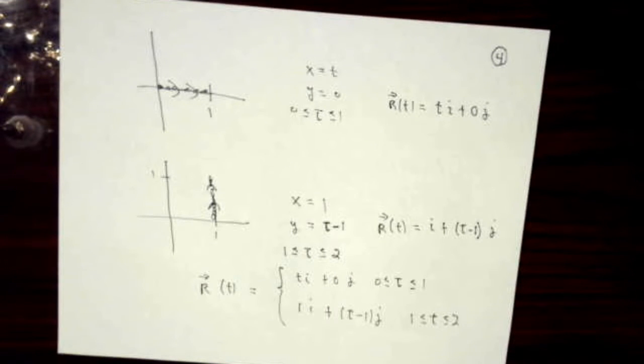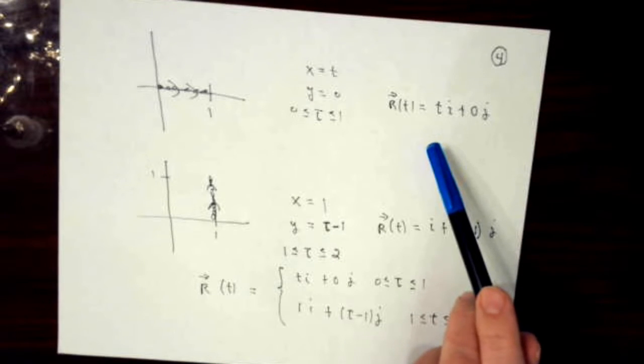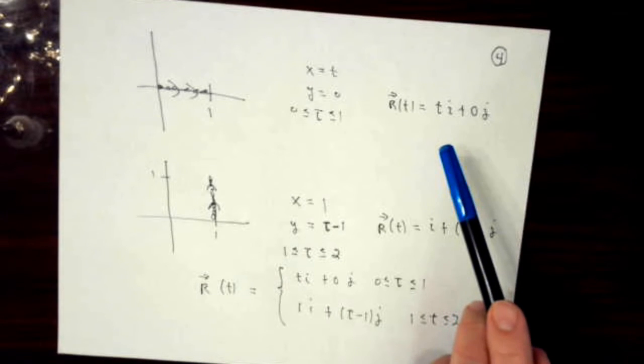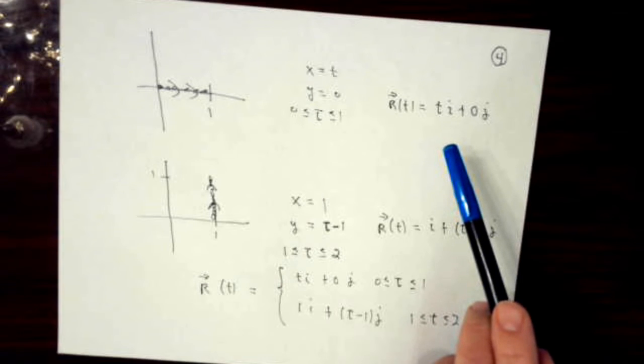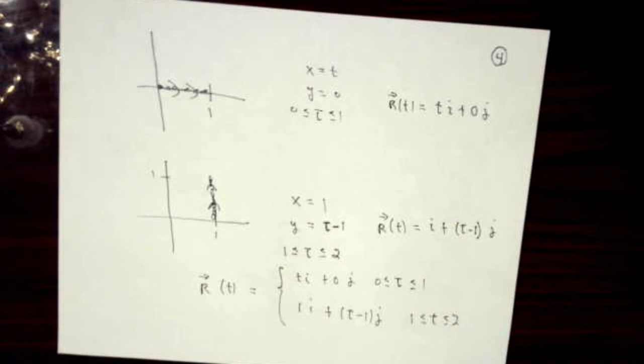So x will be t, y will be 0, t will be allowed to vary between 0 and 1. The simplest way I can think of to describe that first piece is by vector valued function r of t is ti plus 0j. Of course, this won't get me the entire graph that I'm looking at.